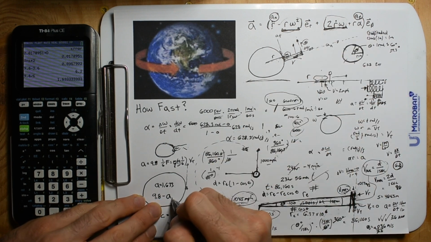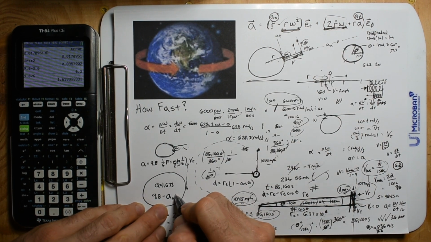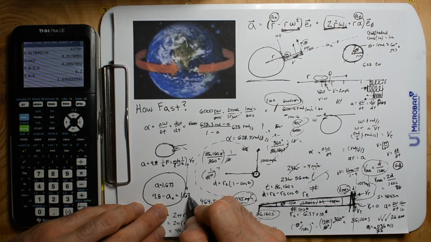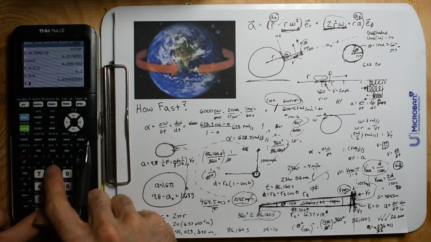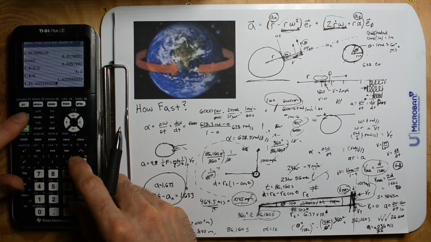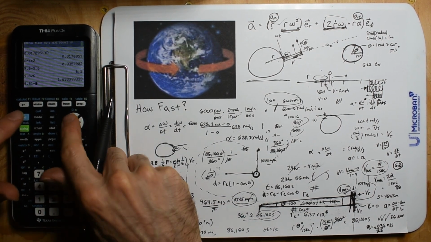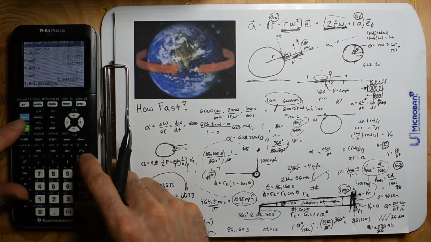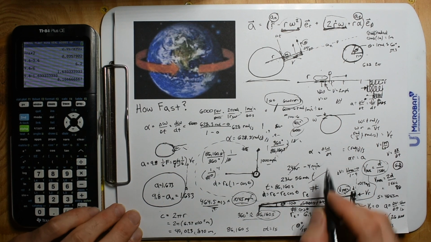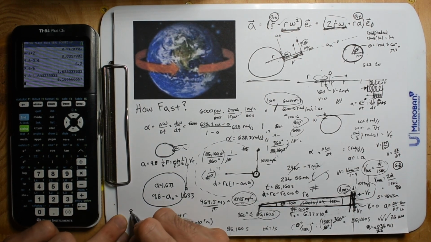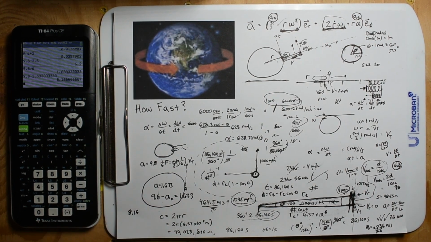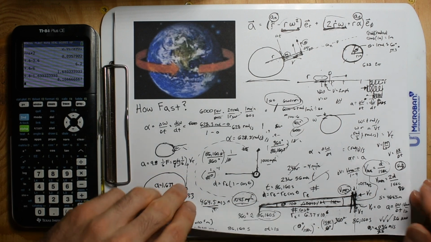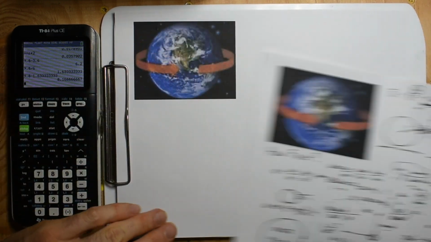The normal acceleration needs to be 1.633. So we got 9.8 minus that, and we need an acceleration of that to be 8.16. And that's going to be kind of our next goal.